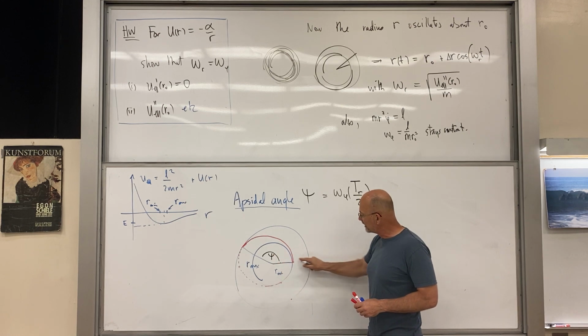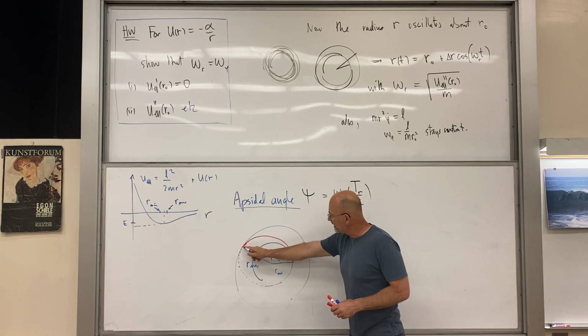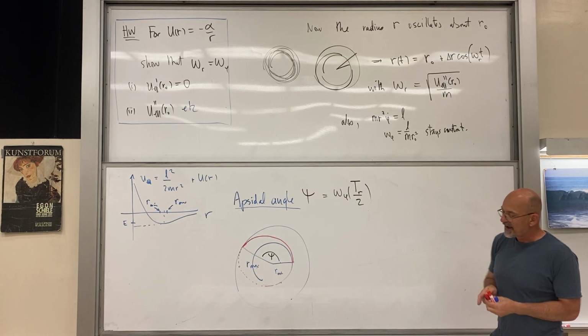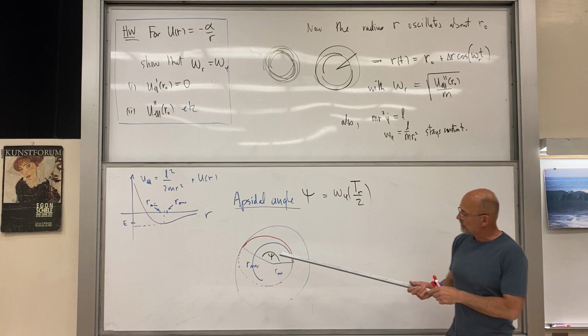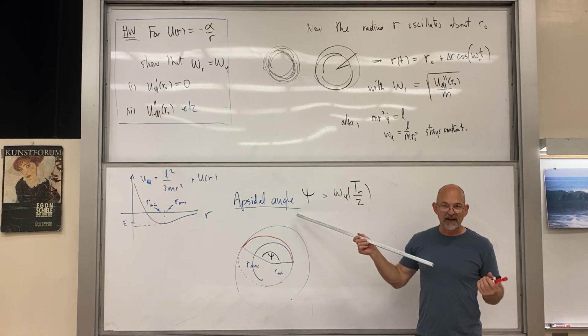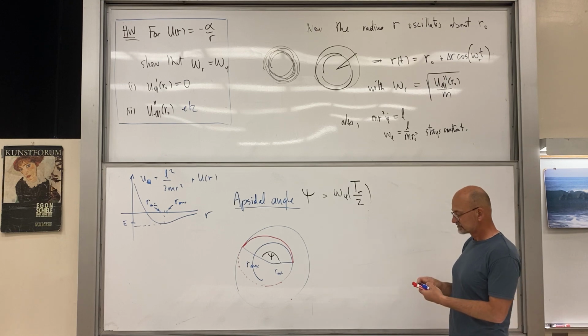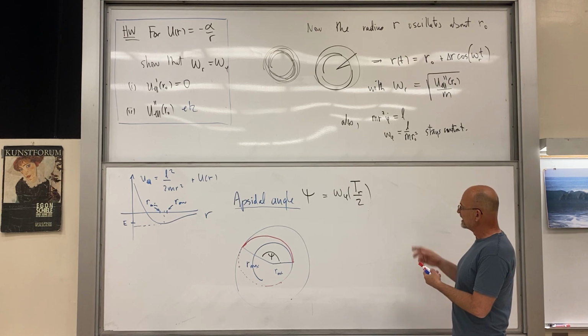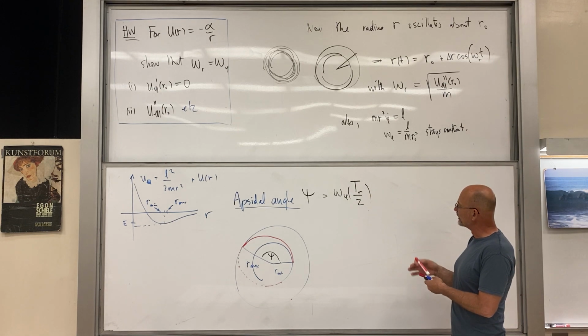At this point, the bead is moving out, half period, another half period goes in. So for our Kepler problem, which of course is the perfect ellipse, this angle would be equal to pi. I'll put that as a note. Well, we'll find that later.